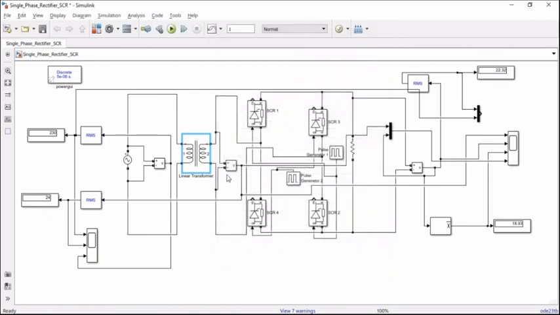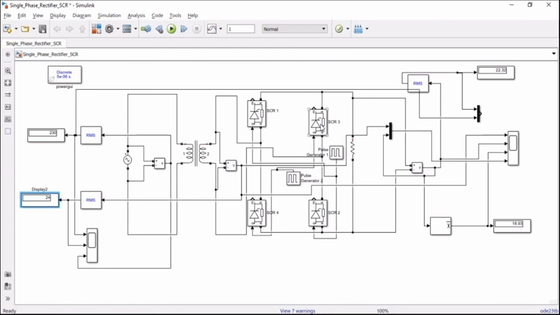So if you want to measure the input supply which is going to be applied across our rectifier circuit, we can connect the voltage measurement block, and it can be measured. So this measurement block output can be connected to the RMS block, and this RMS value can be measured in here.